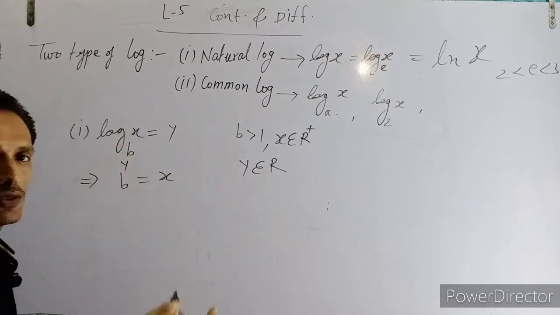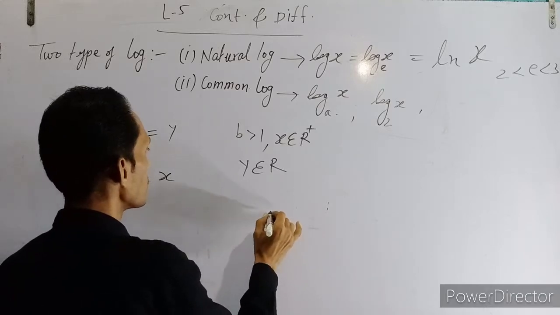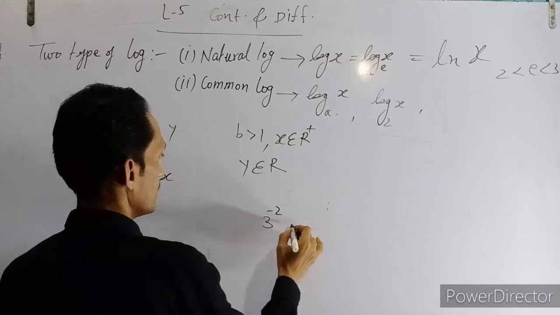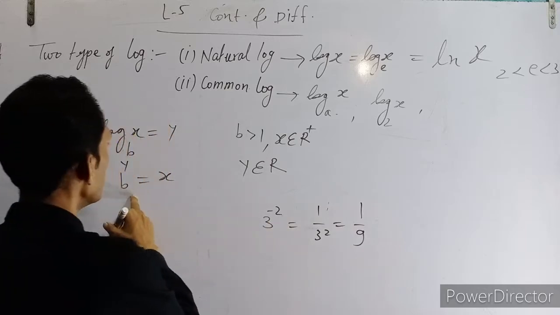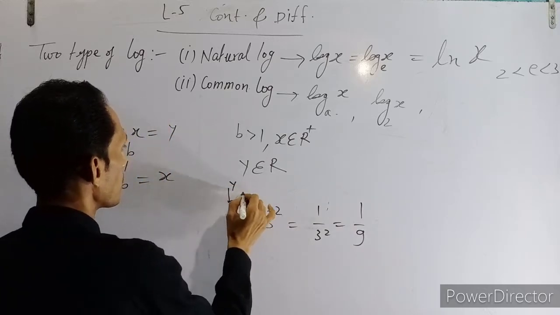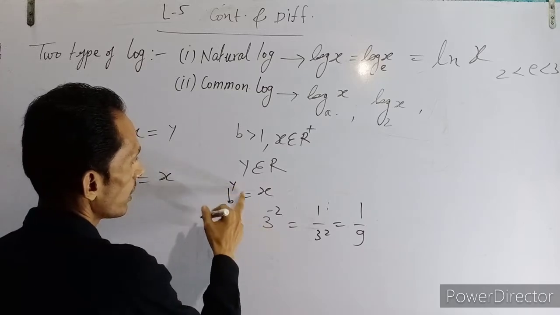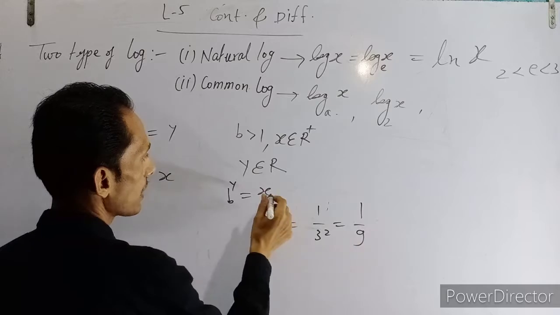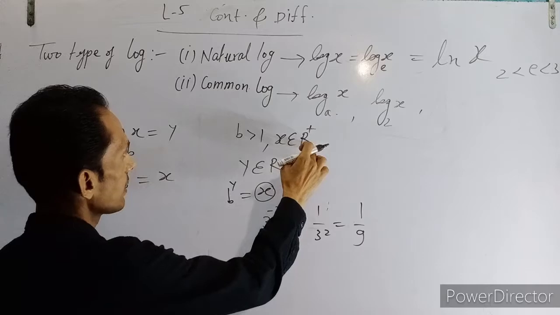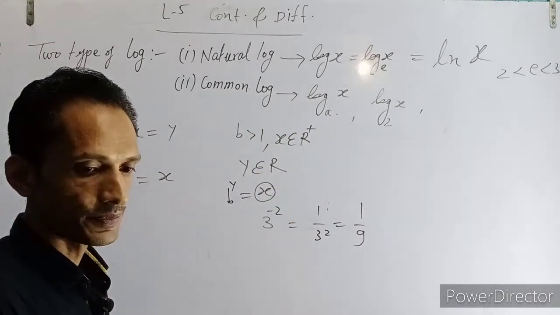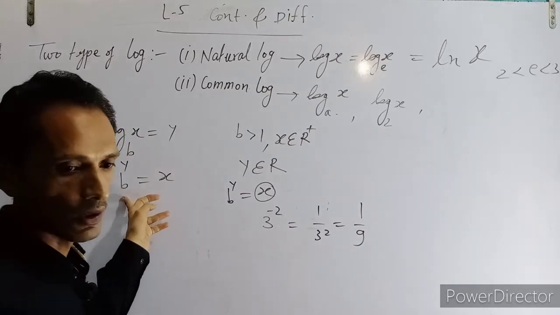For example, we can use 3 raised to the power minus 2. That can be written as 1/3 squared, that is equal to 1/9. So that is x. Suppose that b raised to the power y equals x. In place of b we put 3, the base is 3 and the y value is minus 2, then x is also positive. x is always positive, and y belongs to R. That is the property of the common log.